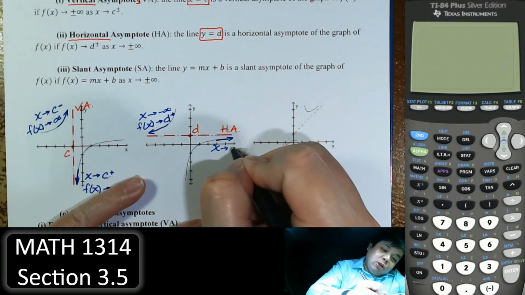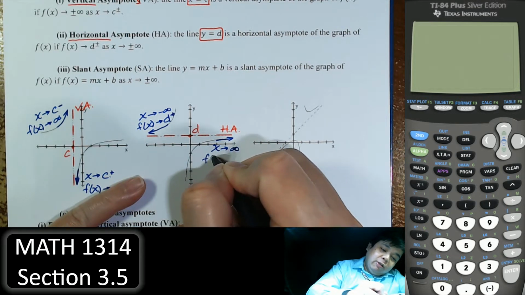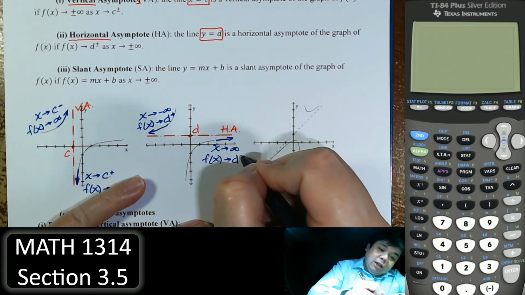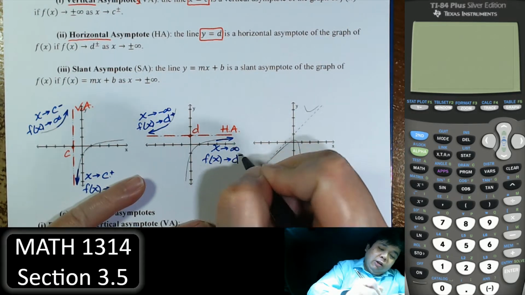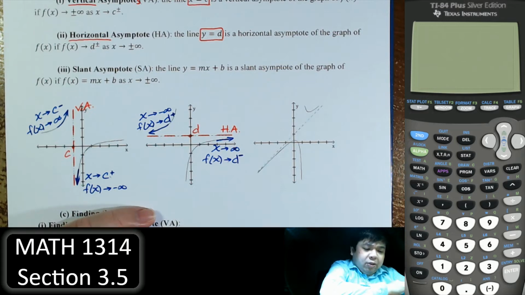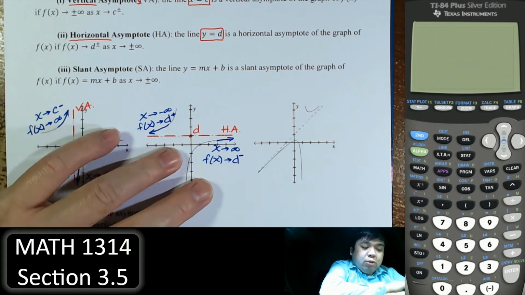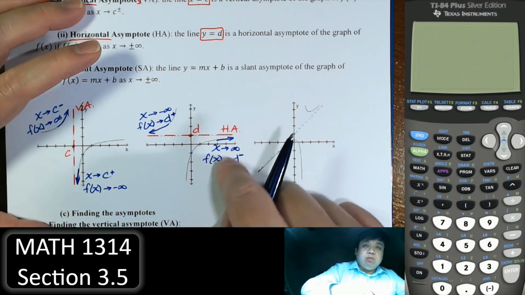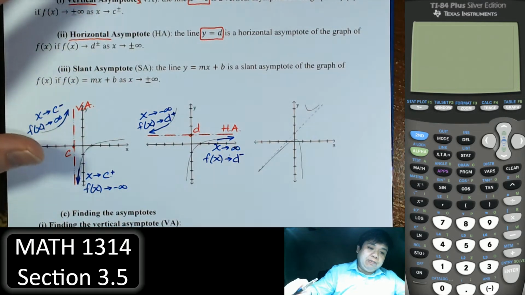And here when x goes to infinity, the function goes to d from the smaller side. By the way, like I said, this is just for this particular example. We might have the graph going like this, and so we have different scenarios here.